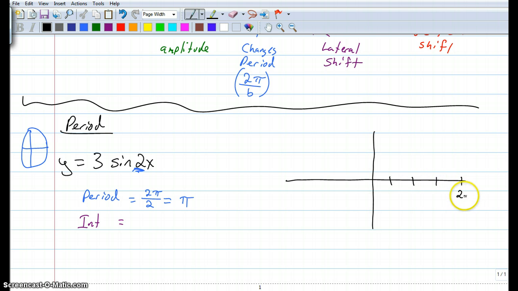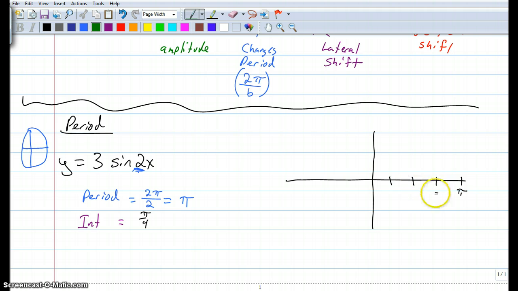And yesterday the 4th tick mark was 2 pi, but today it is not 2 pi. Today the last tick mark is pi. So if the 4th tick mark is pi, because that's our period, what is the interval for each one? Well, pi divided by 4, each one's going to be 1/4 of pi.